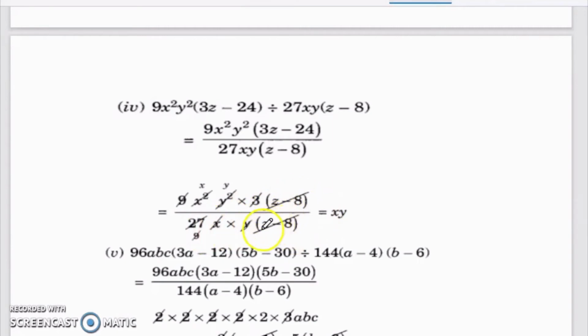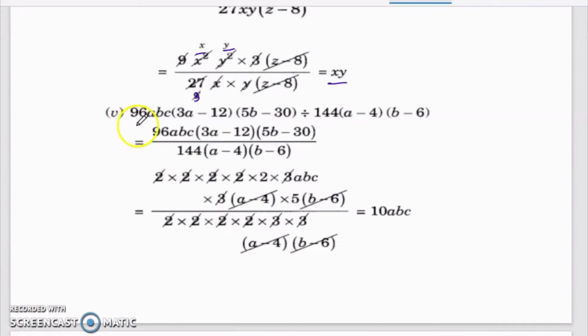So (z − 8) is there in numerator and denominator both. It will get cancelled. Then you can cancel one of the y's here and one of the x. So x and y will remain. Then 9 and 27 you can cancel out. 9 3s are 27 and then this 3 and this 3 you can cancel out. So what remains is xy.